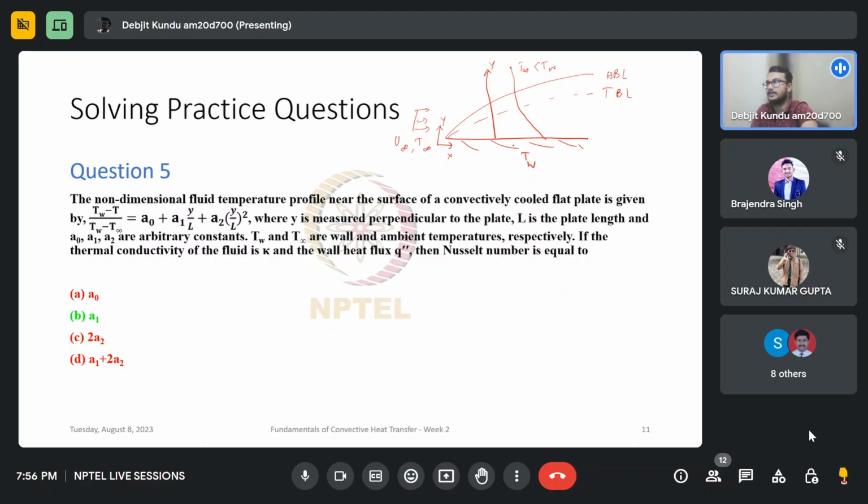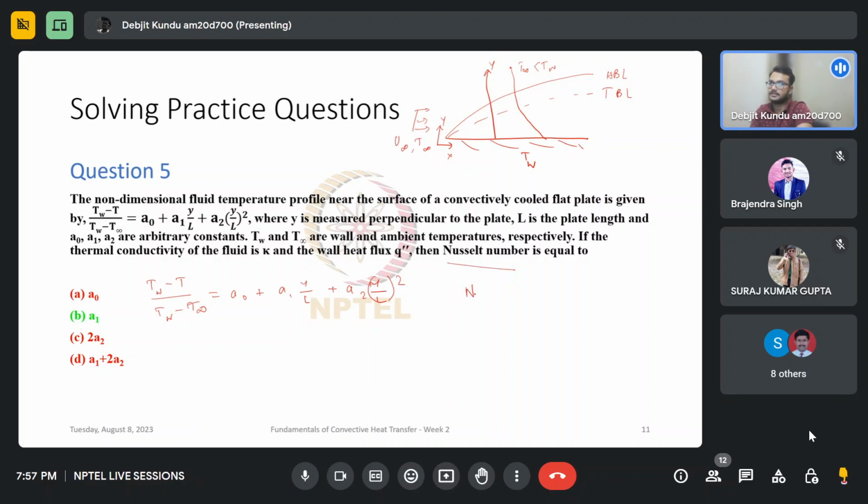Now, this profile is given in a different way: (Tw minus T) over (Tw minus T infinity) is equal to A0 plus A1 y over L plus A2 (y over L) whole square. I have to find out what the Nusselt number is equal to.